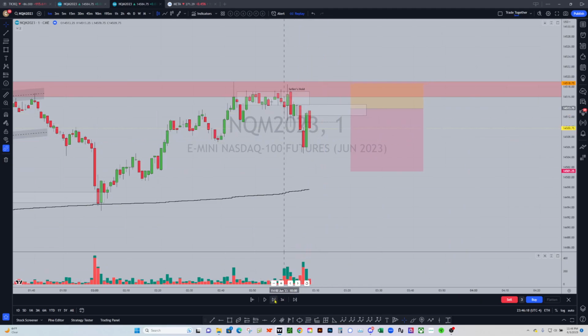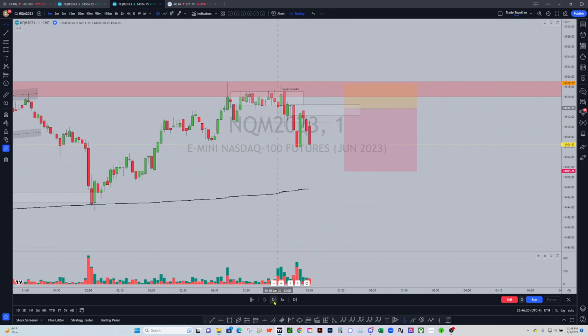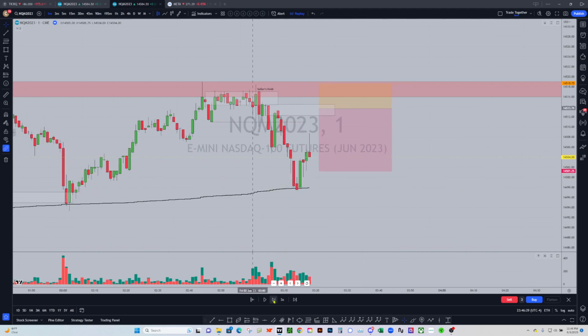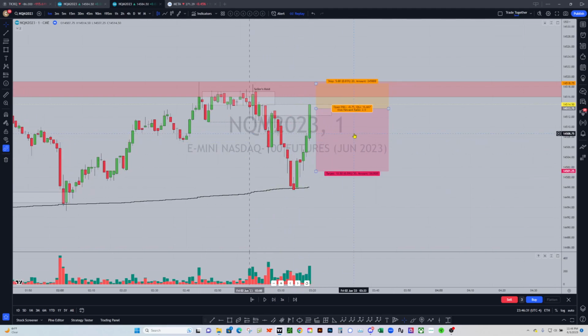So as we play through, we see a nice rejection off that level. Again, you don't want to get caught up in this move. You want to see how it reacts as it comes right back in to our level here. So as it comes really ripping back into our zone, I want to see it hold the manipulation phase of this.